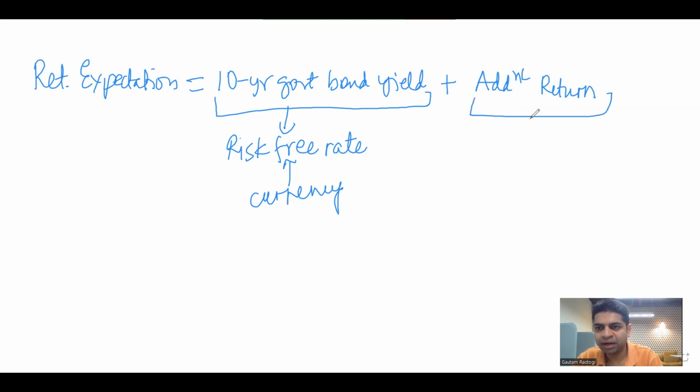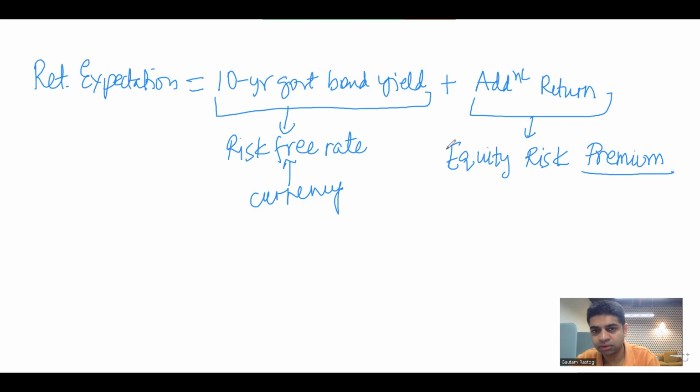So they expect a higher return. Let's call this the equity risk premium. Why premium? Because this premium is over and above the risk-free rate. That's what they expect. That's why they've come to the market, because they want a higher return.